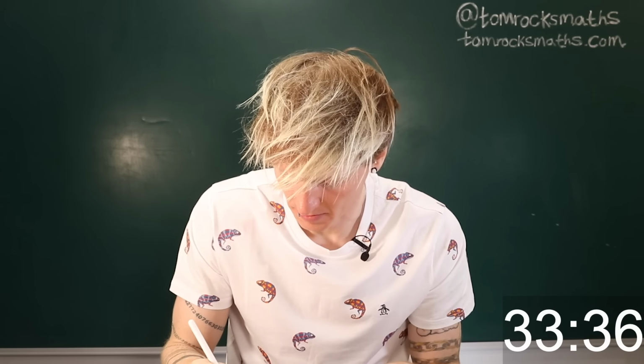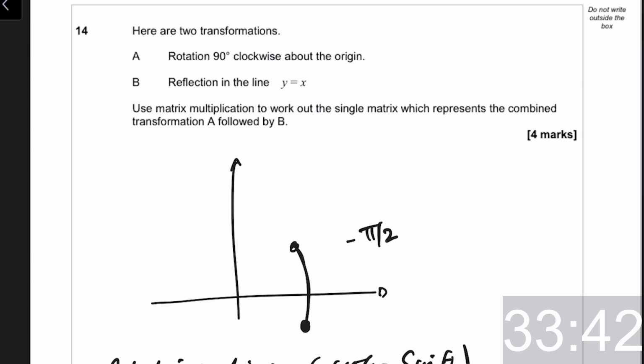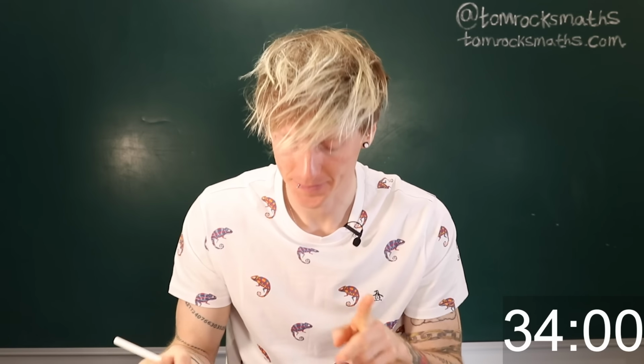So here I want y equals x, which has gradient 45 degrees, so that needs to be pi over 4, so theta is pi over 2. Right, so therefore B needs to be that. So B is cos of pi by 2, still zeros, but now you've got a sine of pi by 2, which is the ones. Right, so 0, 1, 1, 0, I think.